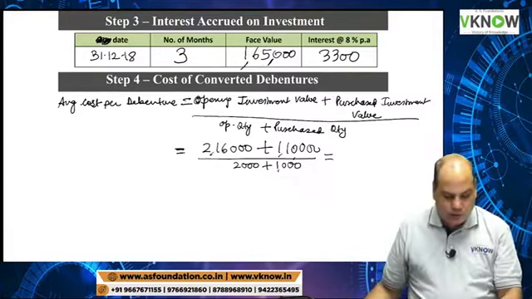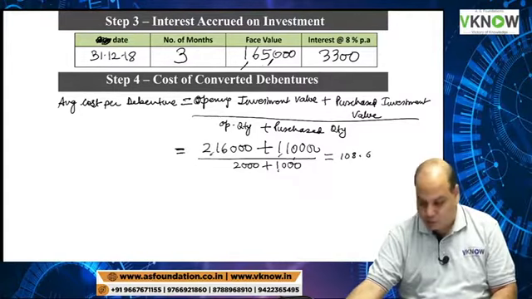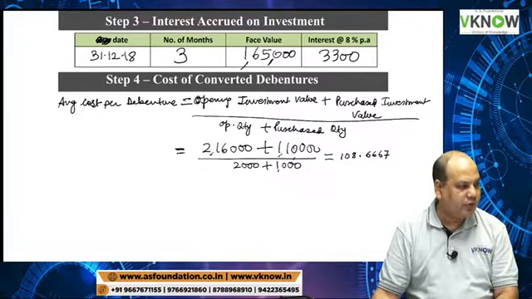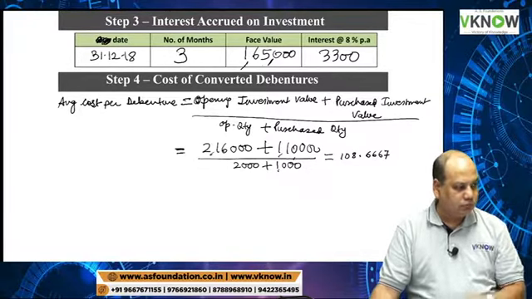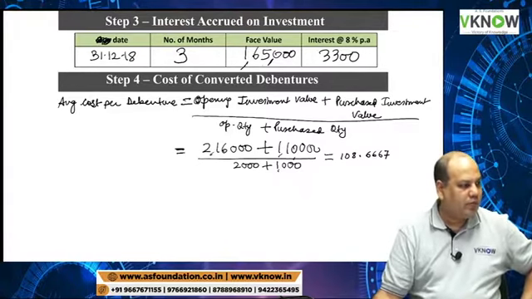So kindly solve. How much are you getting? 108.6667.